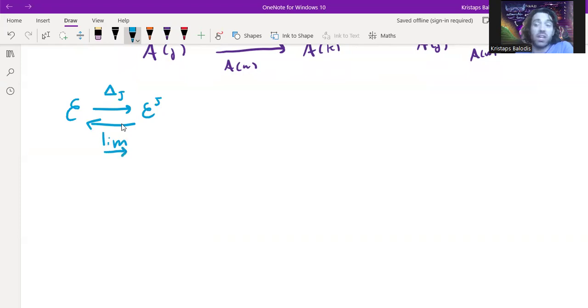So if this functor has a right adjoint, then it's going to be the limit. I'm probably doing the turnstile the wrong way. By the way, guess what? If it had a left adjoint, those of you who have heard about limits in category theory before, it's going to be the co-limit, right? Shocking.